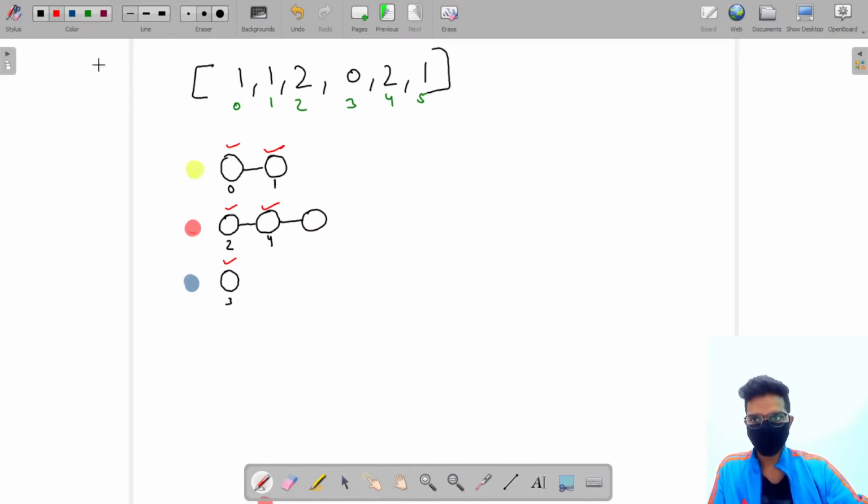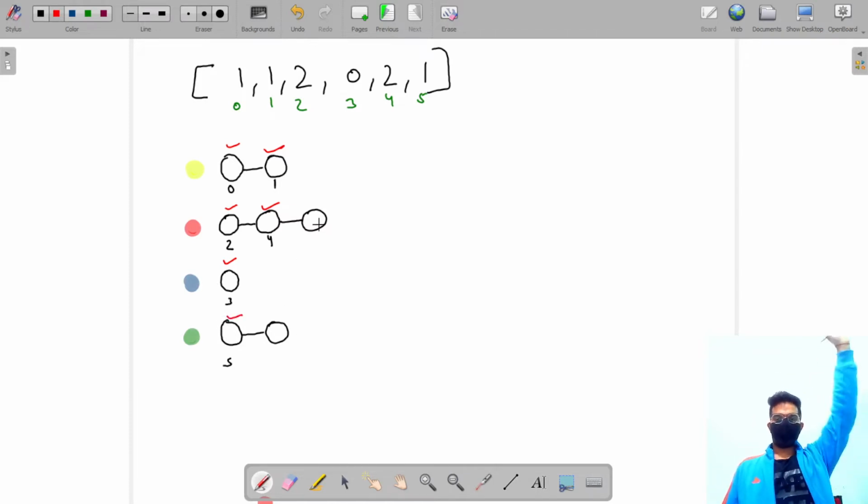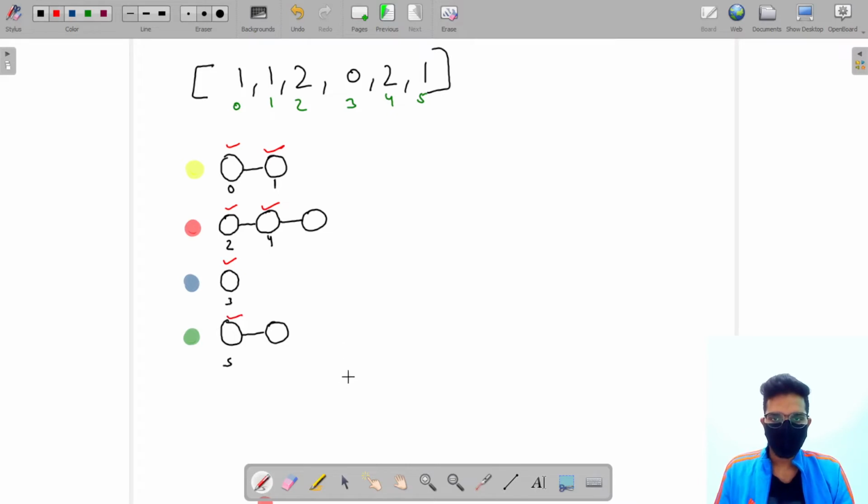Are you getting me? Okay, so this is our rabbit, right? This is our rabbit, and it says that there is one more rabbit that exists of the same color as mine. So one more rabbit exists with the same color as mine.